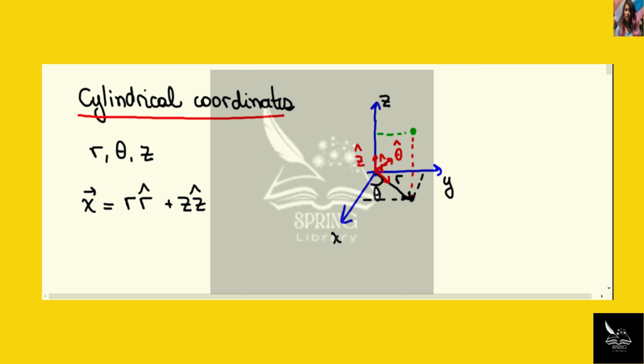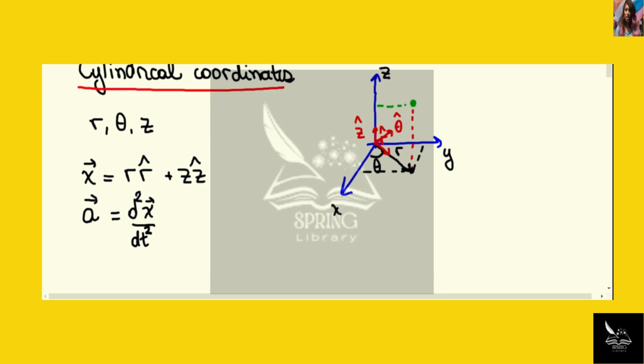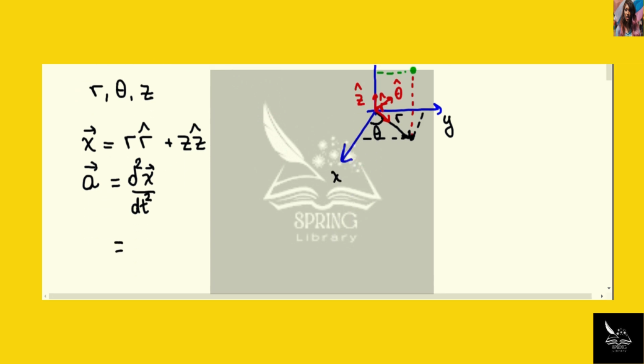Okay, and our goal, what we're going to need in this exercise, is to find the acceleration in cylindrical coordinates. So we know that the acceleration is the second derivative of the position with respect to time. And we can find that this second derivative is equal to, in the r direction, r double dot minus r theta dot squared.